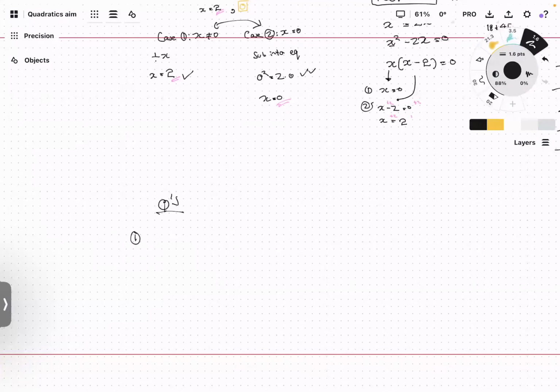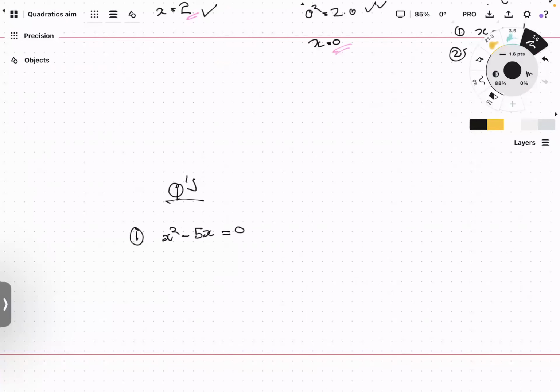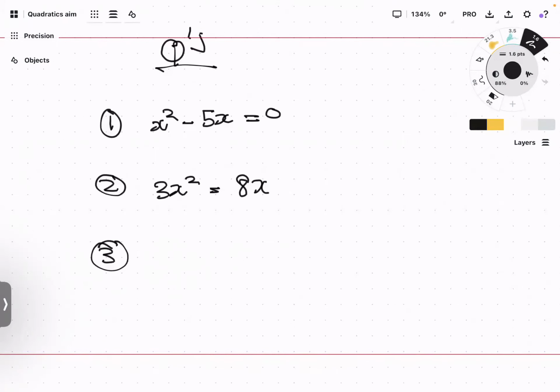For the first one, you have x squared minus 5x equals 0. The second one is 3x squared equals 8x. The final one would be a word problem.